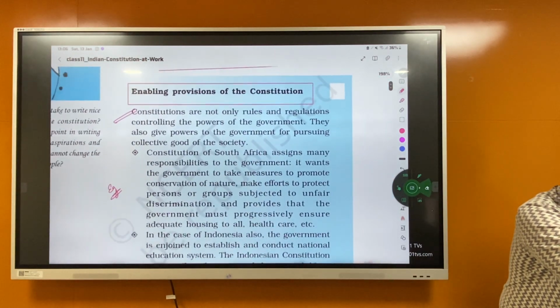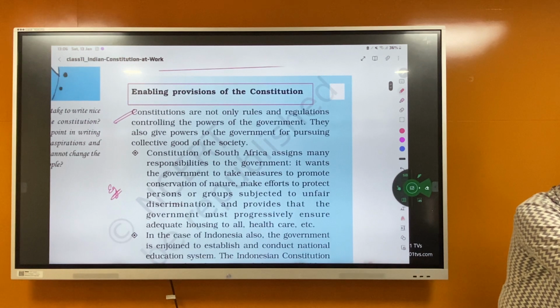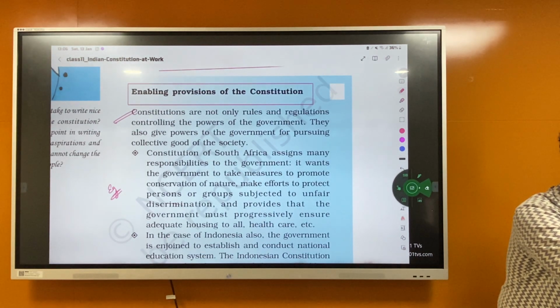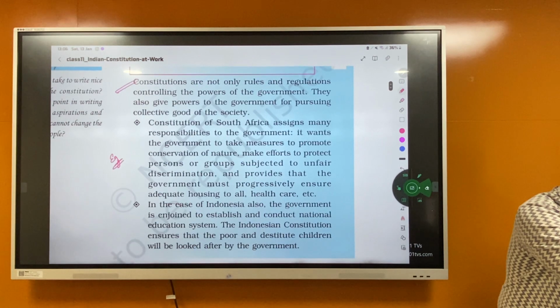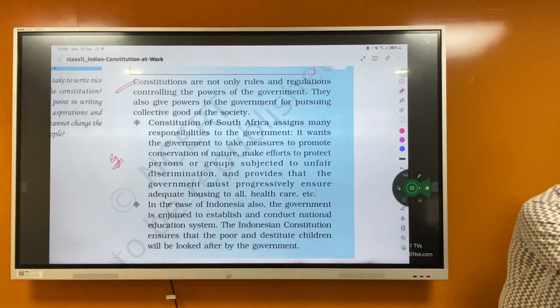These are the examples. Constitutions are not only rules and regulations controlling the powers of the government, they also give powers to the government for pursuing collective good for the society. Constitution of South Africa assigns many responsibilities to the government.